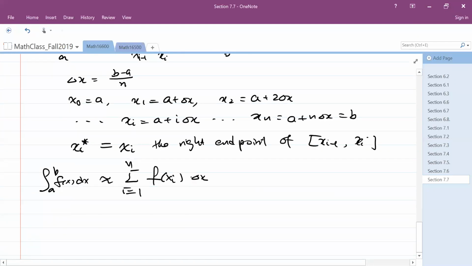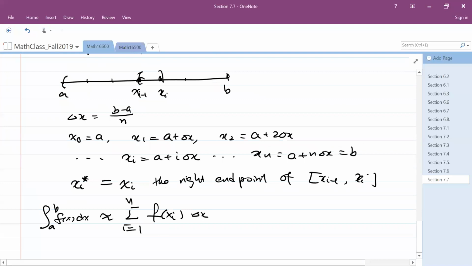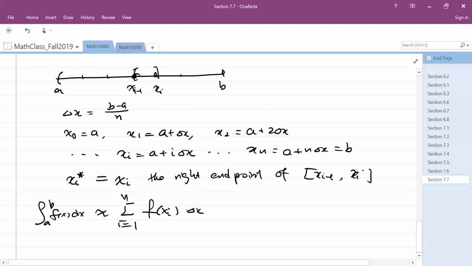Similarly, you can get the left end point. I'm not going to talk about left end point now. We can do the comparison later. Okay, let's look at some approximation. So some people may be thinking, okay, we should choose a point in the middle instead of the end point.